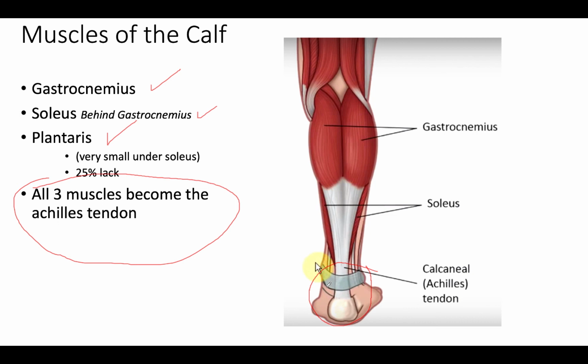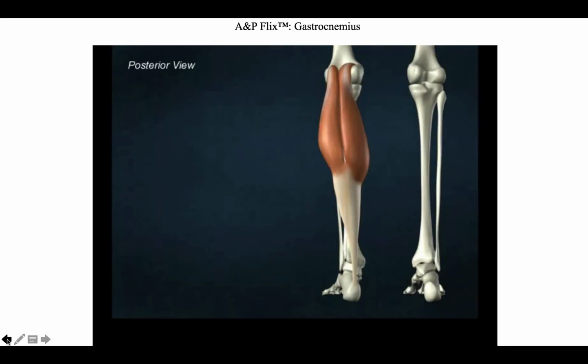I mean, athletes tear their Achilles all the time, but this kind of damage will wipe you out. It's possible to heal from it, of course, but you won't be able to walk. Definitely crutches. All right, let's go ahead and check out the gastrocnemius.